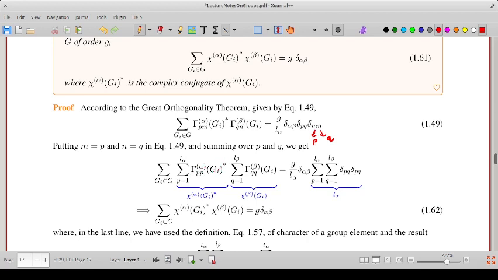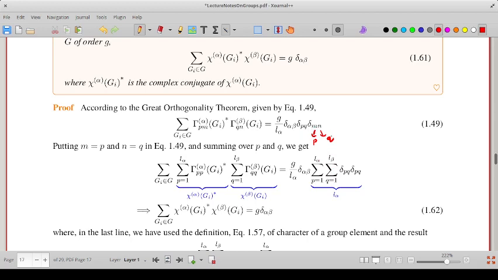Then I will have a sum over q also. So the sum over q runs from 1 to L beta, because these matrices are of order L beta by L beta, and gamma QQ Gi. And on the right hand side, G by L alpha delta alpha beta, then the sum over P and the sum over Q, P running from 1 to L alpha and Q running from 1 to L beta, of delta PQ.